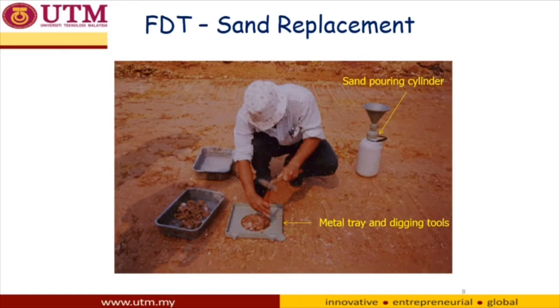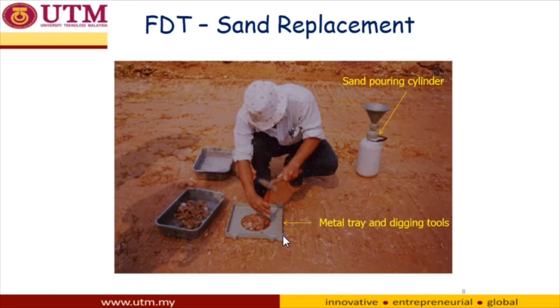This slide shows the apparatus used for the sand cone, which consists of a sand pouring cylinder with a pouring cone as its base. There is a shutter between the cylinder and the cone. Determination of field density using the sand replacement method involves three steps.